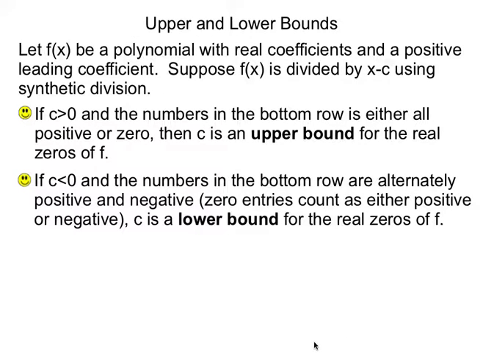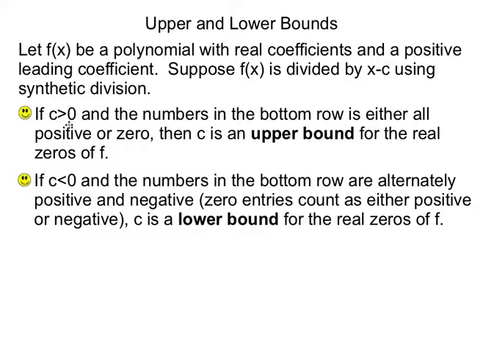One more thing that's going to help us in guessing and finding a 0 that works is this. It's an upper and lower bounds rule. If f of x is a polynomial with real coefficients and a positive leading coefficient, suppose f of x is divided by x minus c using synthetic division.